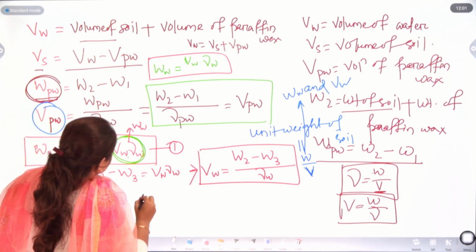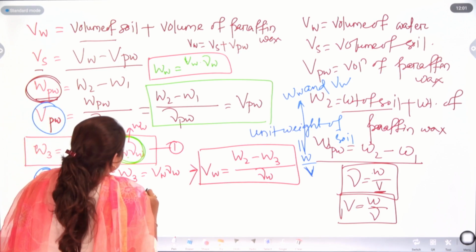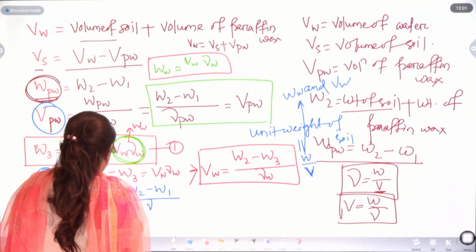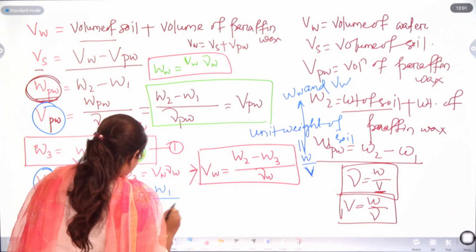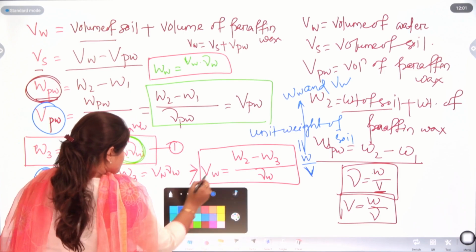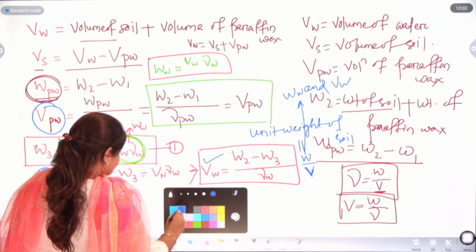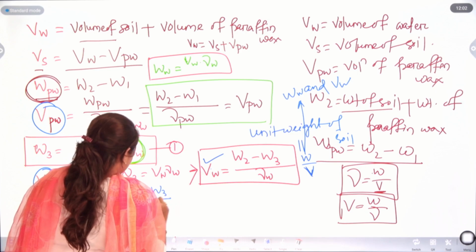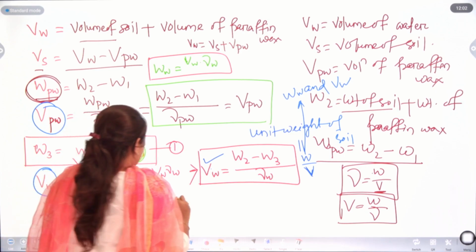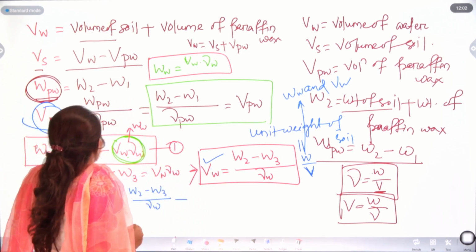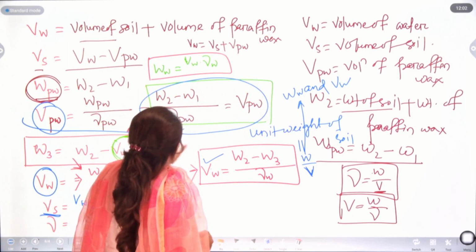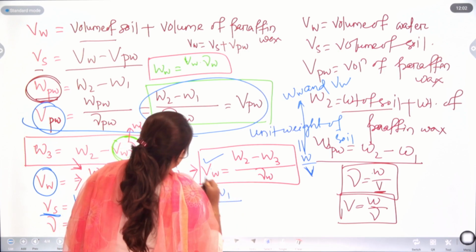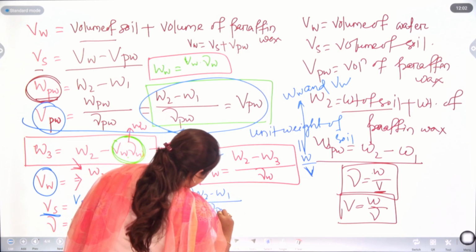So, we can write W2 minus W3 upon gamma w, minus this term here, W2 minus W1 upon gamma pw.